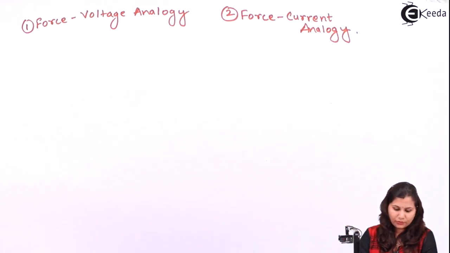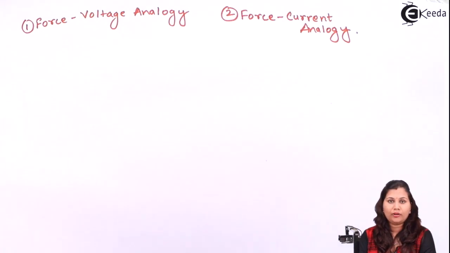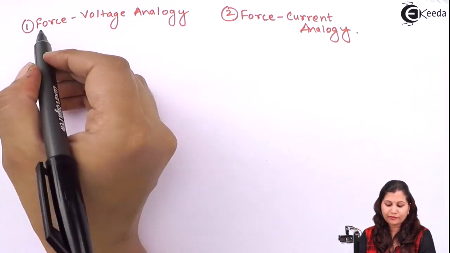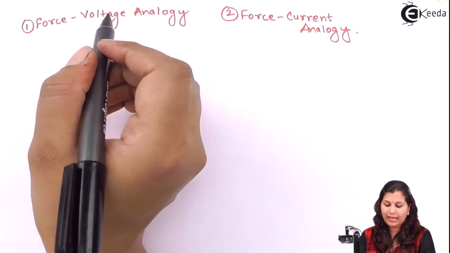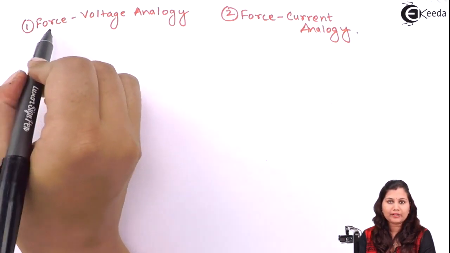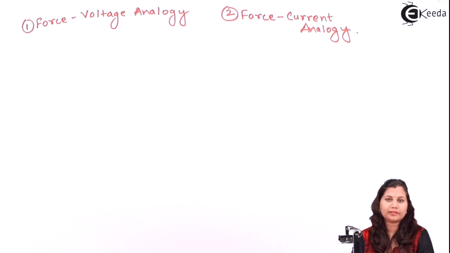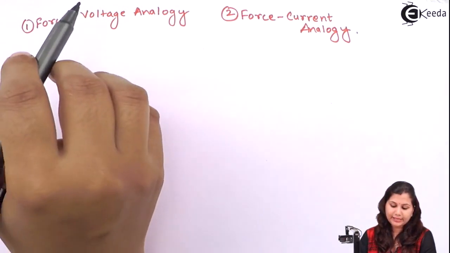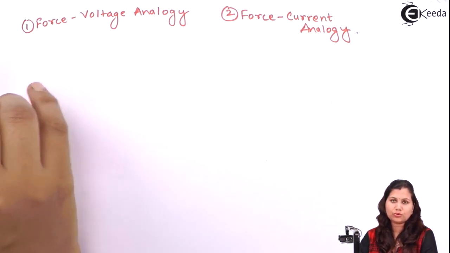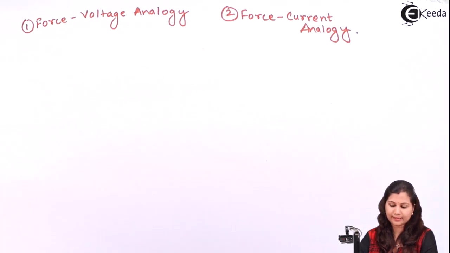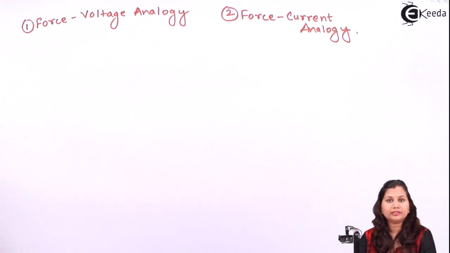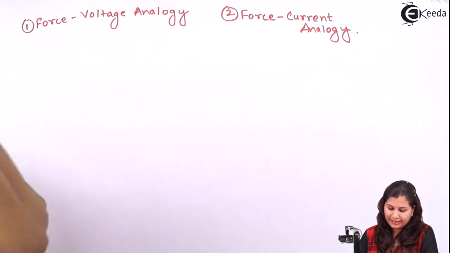In the force voltage analogy, we replace the force with the voltage and we compare the equation for the force with the voltage equation and replace the variables correspondingly. This is the analogy which is used to find out the analogous system for the mechanical translational system. Let's see.